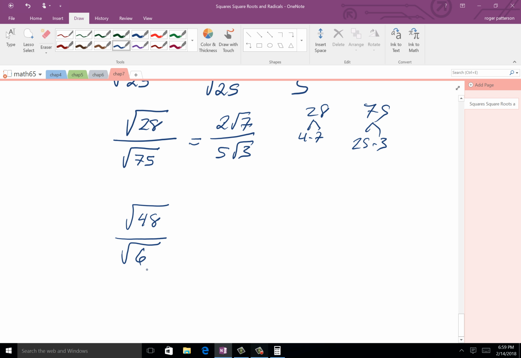Now, if you have a situation like this, okay, you can automatically convert it to this. Now, why would we do that? Because what? You have to put the square root of 8. Yeah, because what happens with the 48 and the 6? They reduce, right?